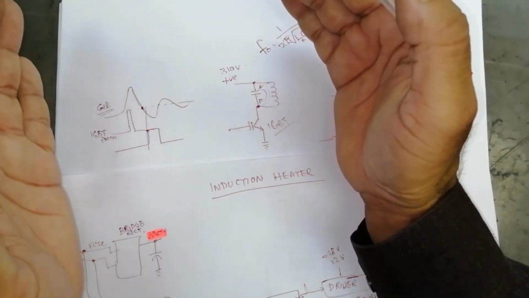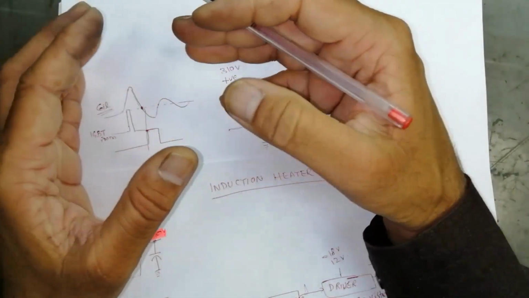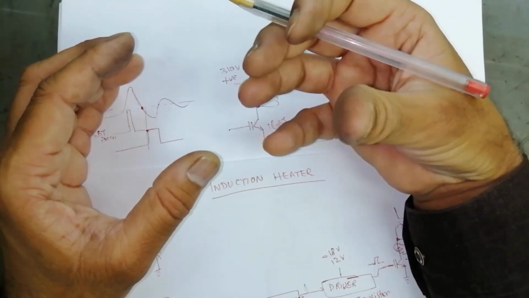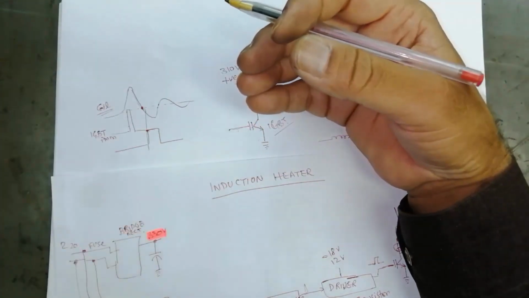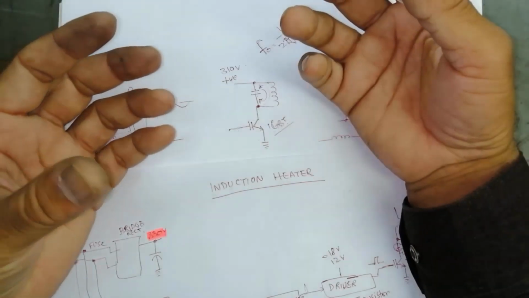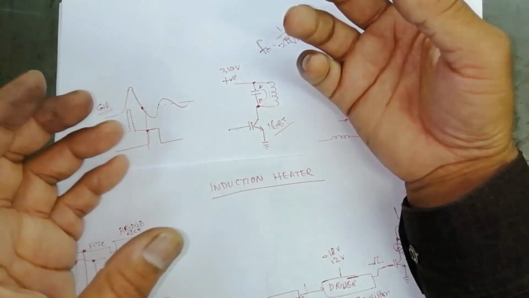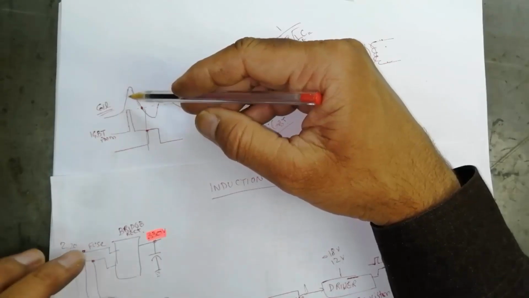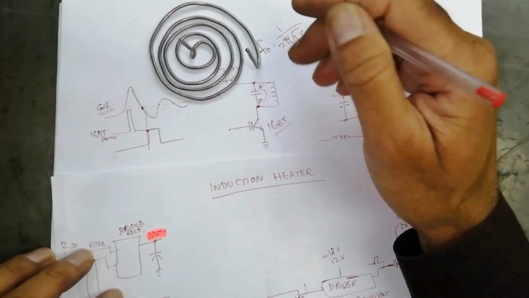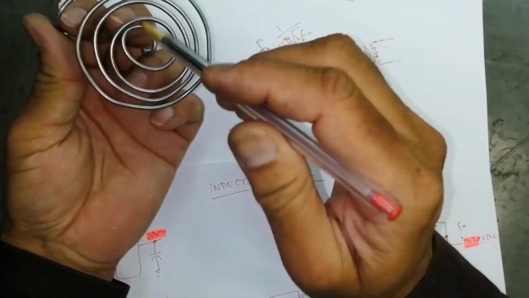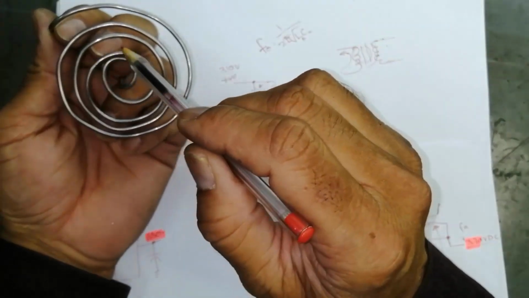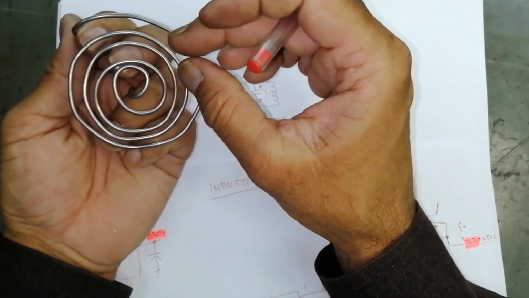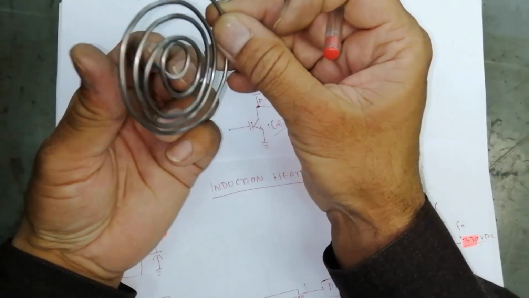If the cookware is big, it will cause excessive current to be taken, because the secondary is taking extra load. When the cookware size is small, it will cause a small load on this coil. So if a small size cookware comes here in the center area, it will cause less inductive reactance.